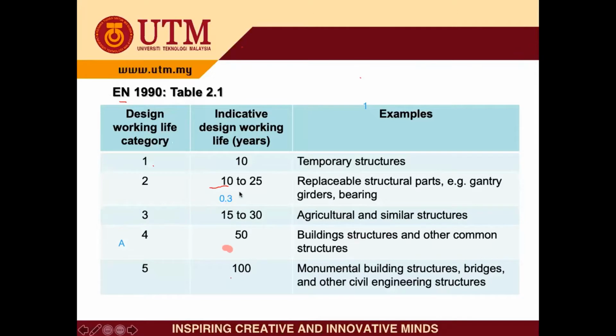For example, if you design a temporary structure, it's only 10 years in the design life. Replaceable structural parts, where you do the maintenance, that is 10 to 25 years.